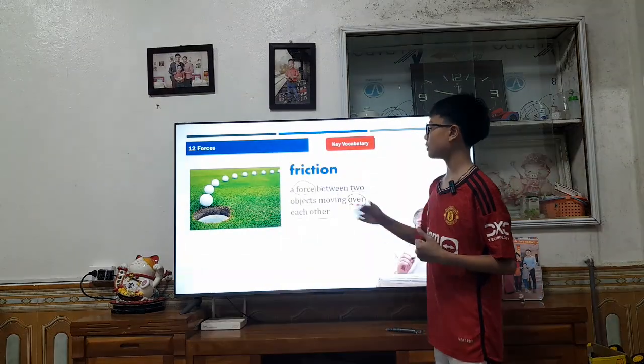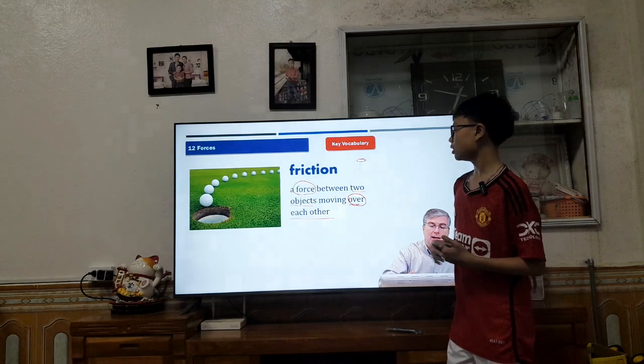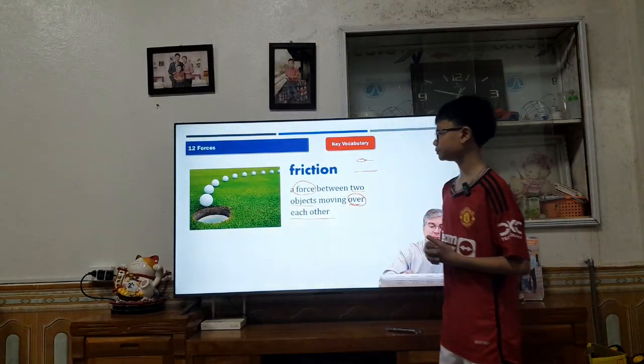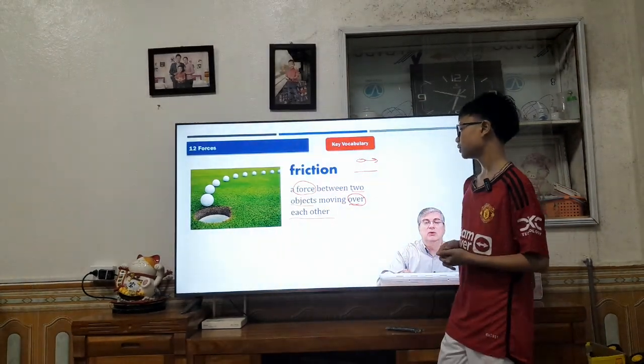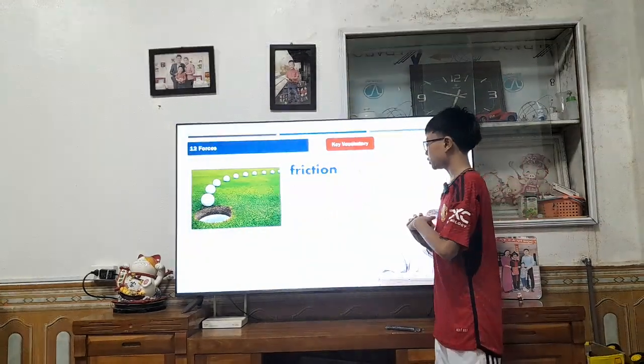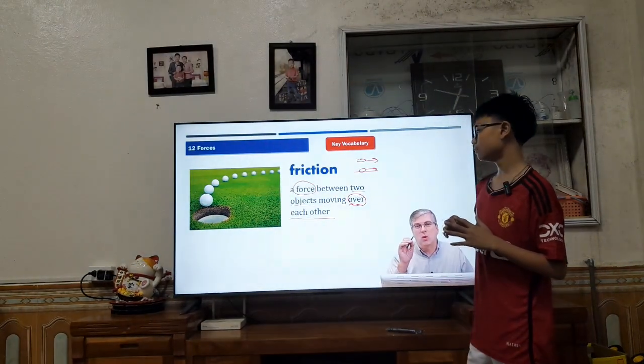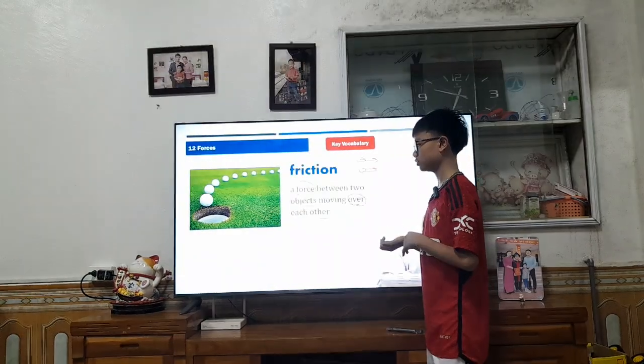Okay, now we talk about friction. Friction is a force between two objects moving over one another. You can think of it as a force between two objects moving over each other.